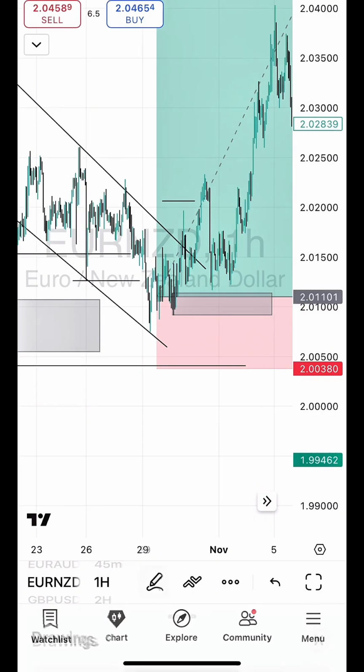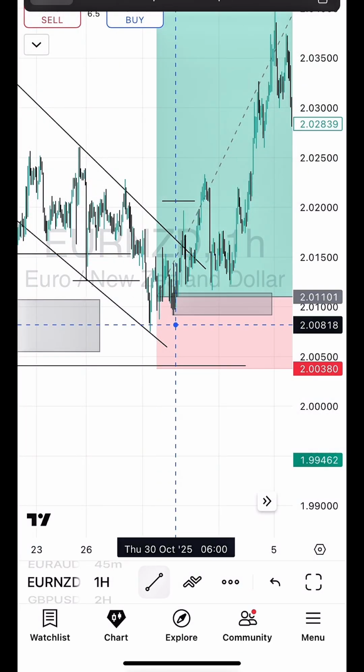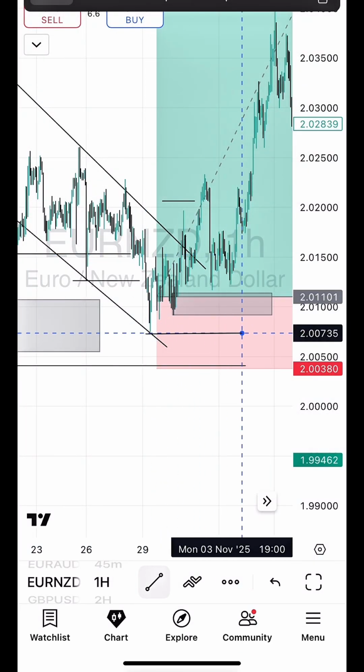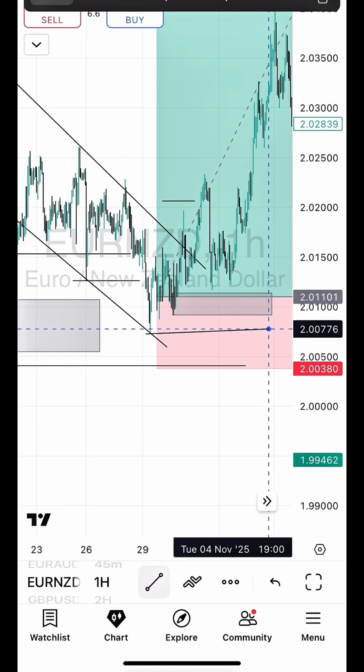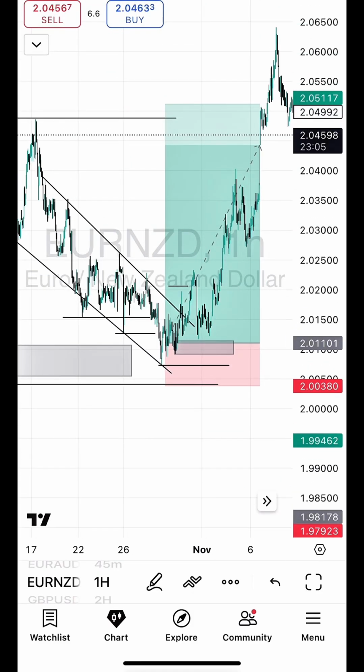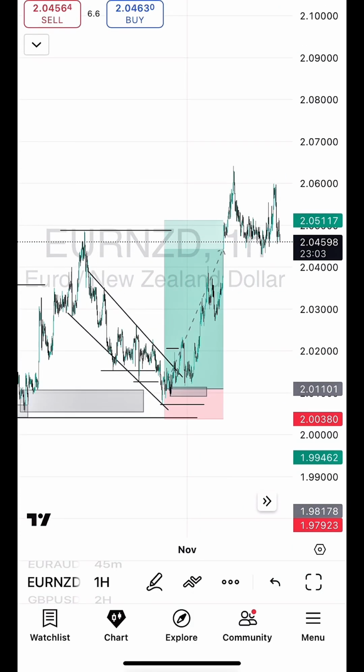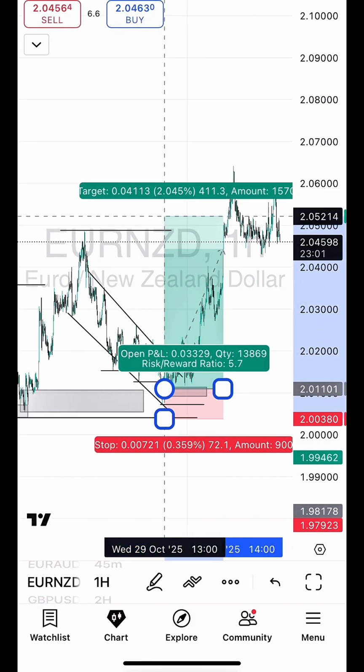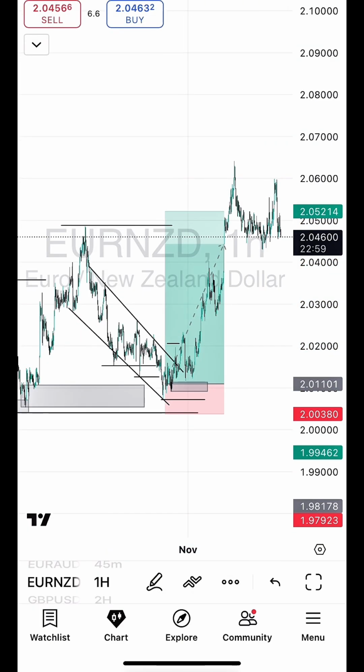And this becomes our invalidation level for our second entry. You get? This was the invalidation level, and the target was the same. We had to take out our external range liquidity. So that was the target, to take out our external range liquidity to create what? A new high. You get?